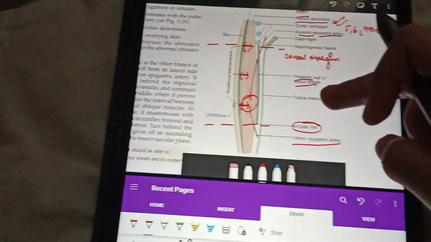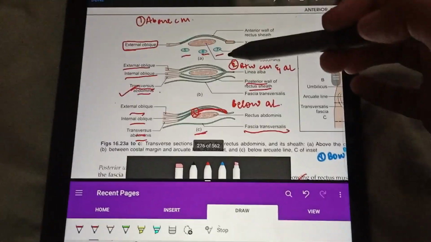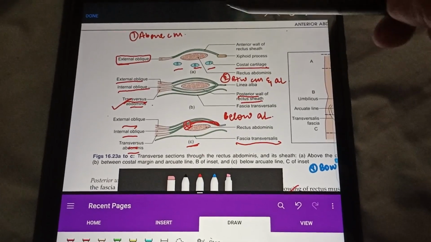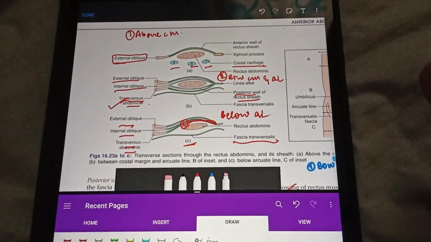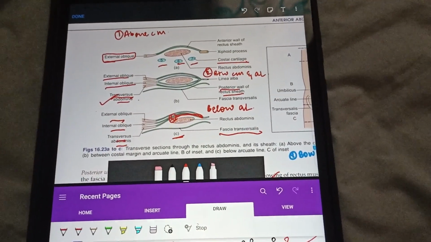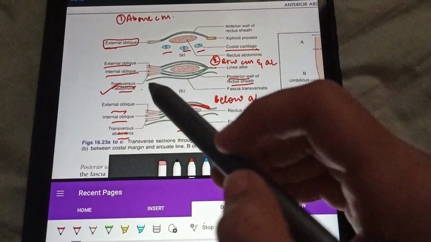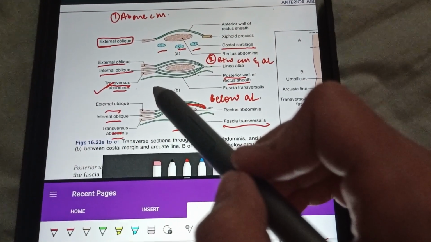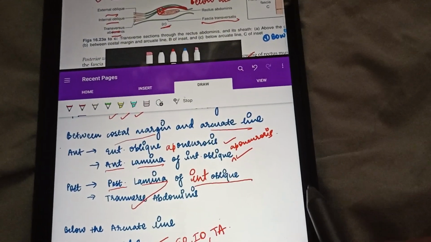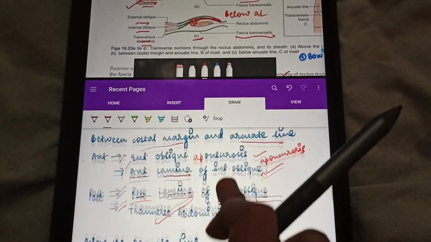Then we saw how the rectus sheath is formed. Above the costal margin, anteriorly the external oblique aponeurosis, posteriorly the 5th, 6th and 7th costal cartilages. Between the costal margin and the arcuate line, anteriorly the external oblique aponeurosis and anterior lamina of the internal oblique aponeurosis; posteriorly the posterior lamina of the internal oblique aponeurosis and the transversus abdominis.